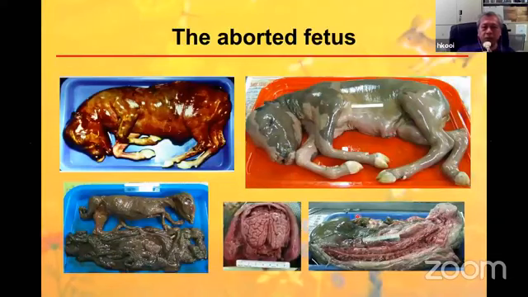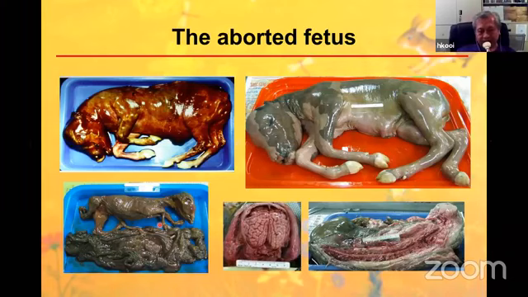So we look at this aborted fetus. Here we can see that this fetus is quite late in gestation, and here we can see these black cattle parts that have been absorbed. Why is it like this? Actually, this fetus died in the uterus and was not excreted out.